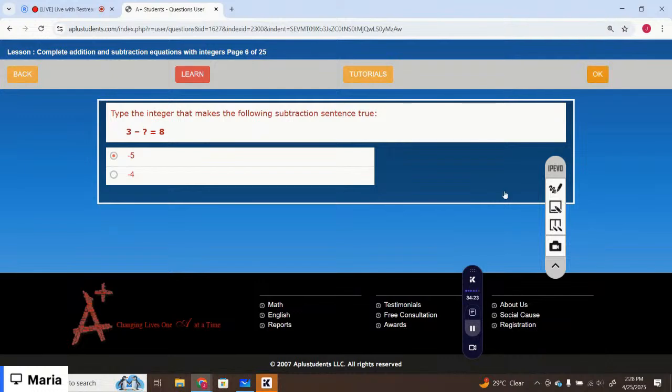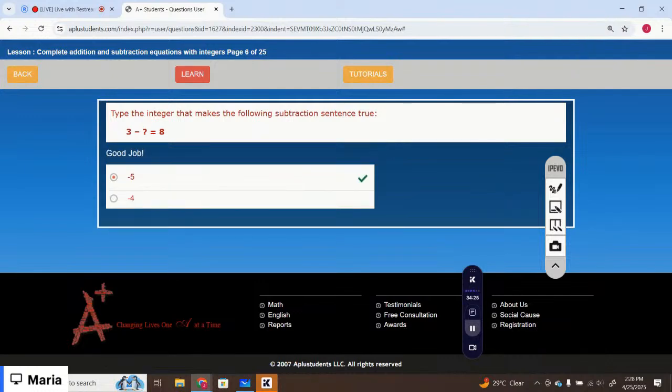That is 3 minus negative 5 is 8. Option number 1 is the correct option.